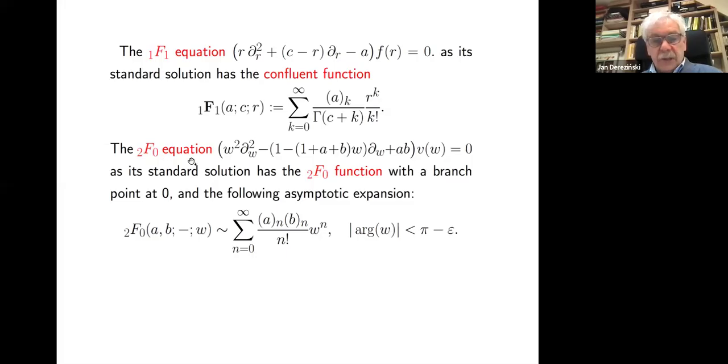This other equation has a regular singular point at infinity, and at 0 has an irregular singular point. And it has a standard solution, which is called the f20 function, which is not analytic at 0. It has a branch point, and it has an interesting asymptotic expansion near zero.